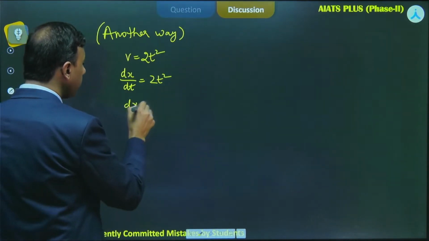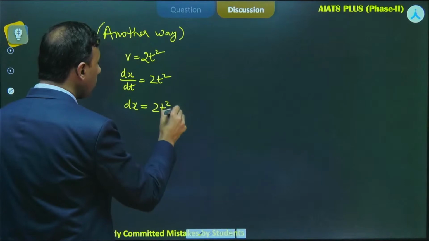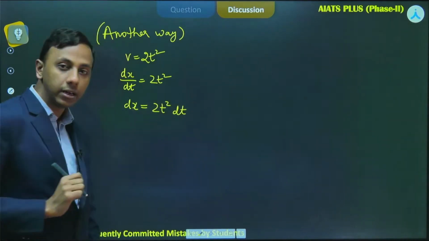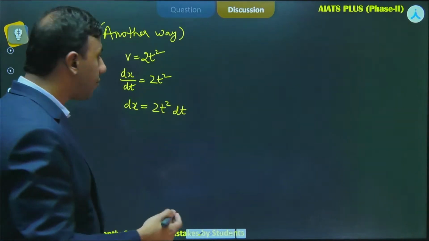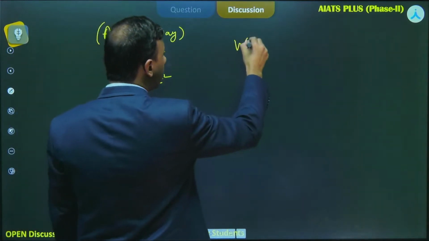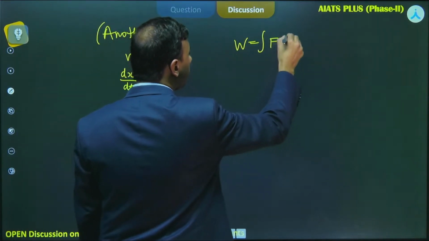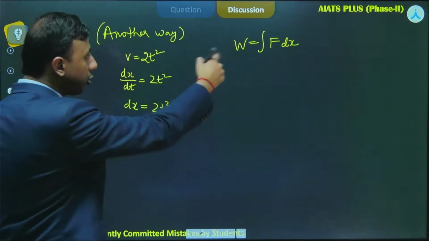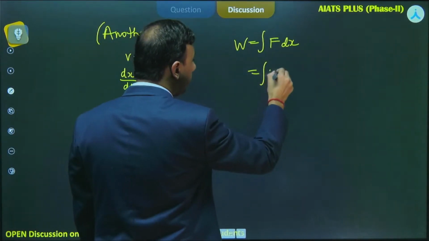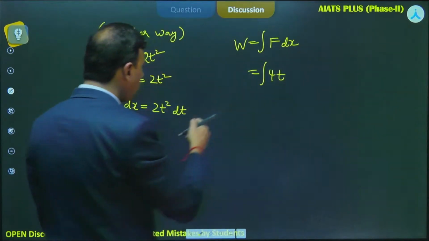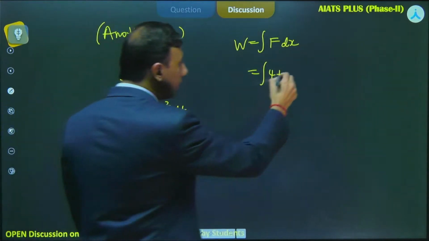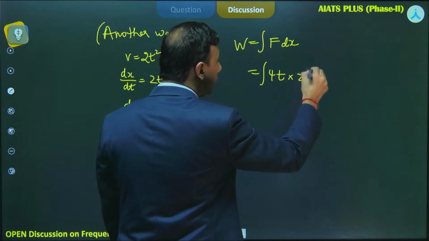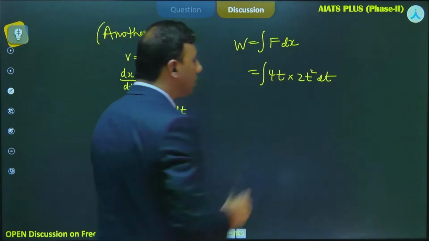That means dx becomes 2t square dt. And work done, what is the formula? Work done is integral of f dx. F was how much? 4t. So in place of f, write 4t. Dx was this term, so put over here 2t square dt.